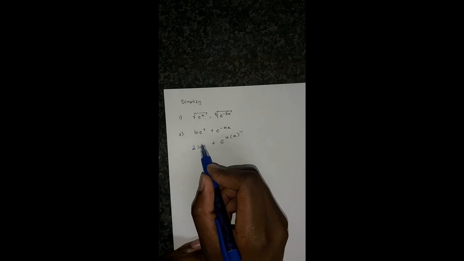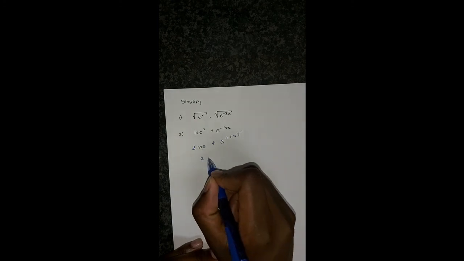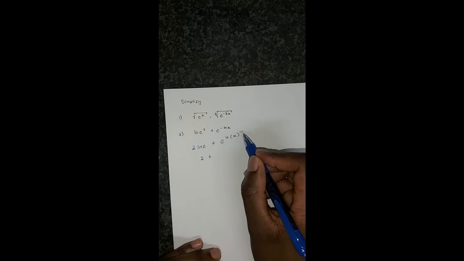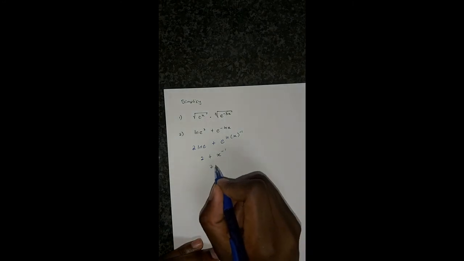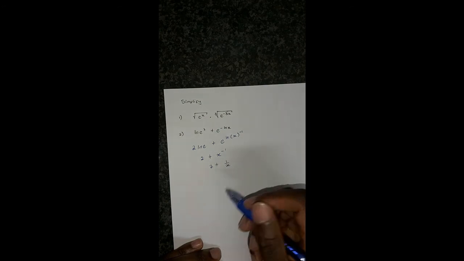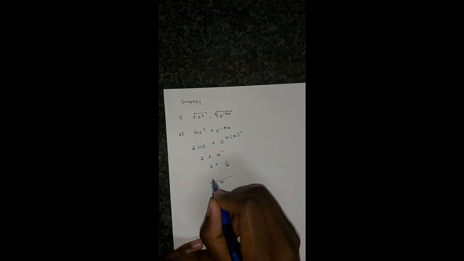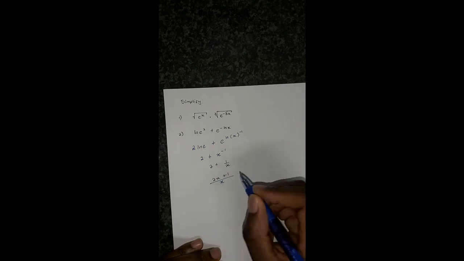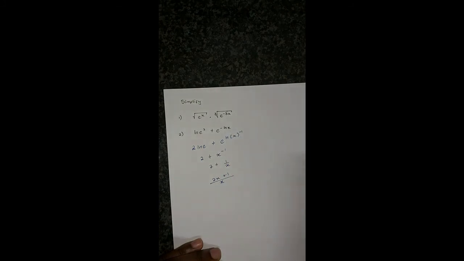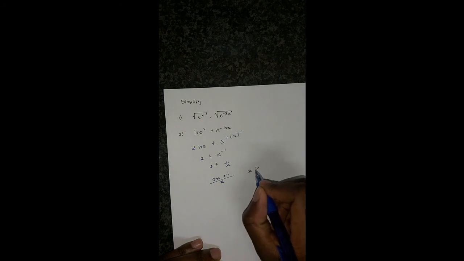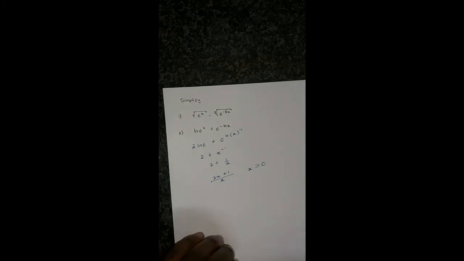And ln e is just equal to 1, so that's 2 plus exponent of ln x to the power of negative 1, which is x to the power of negative 1, which is 2 plus 1 over x. Then you can simplify it to get 2x plus 1 over x. And obviously your x has to be greater than 0. You just have to write them down so that the marker actually knows what you're doing.